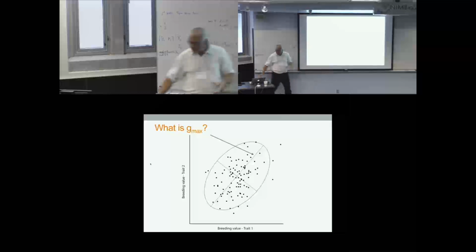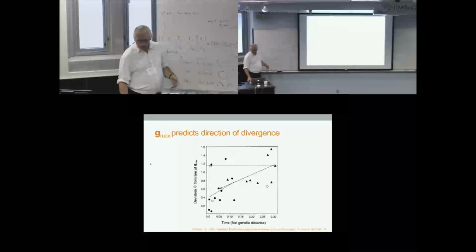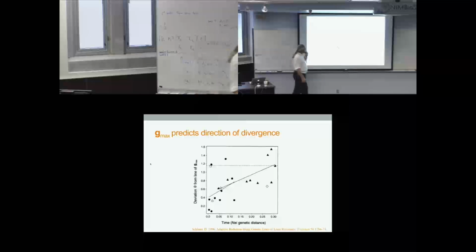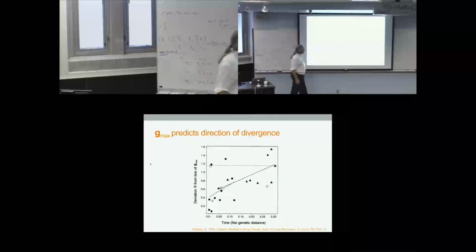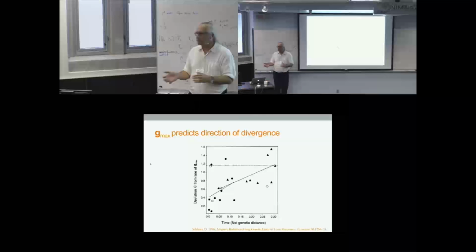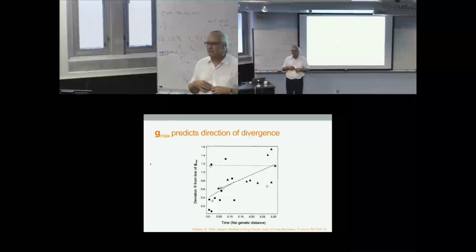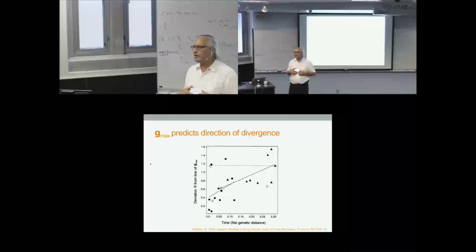It's called Gmax because Dolph Schluter named this a few years ago in a paper in 1996. Cool paper you should look at. The hidden question of his paper was, everybody's doing all these measures of G.